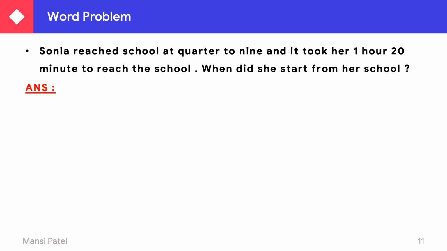First of all, we have to see what the meaning of 8:45 is. 8:45 means that in a 9 o'clock, a quarter of an hour is left. A quarter of an hour means 15 minutes. So we can say the timing is 8:45 and she took 1 hour and 20 minutes to reach the school. So when did she start?